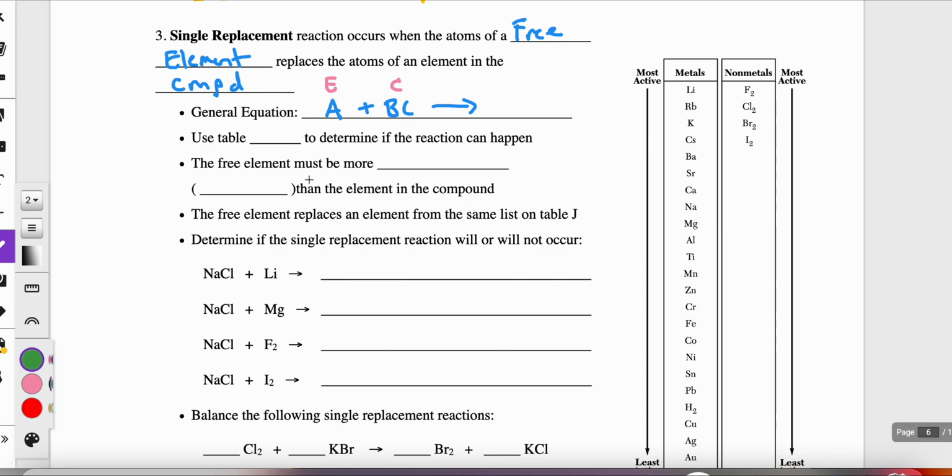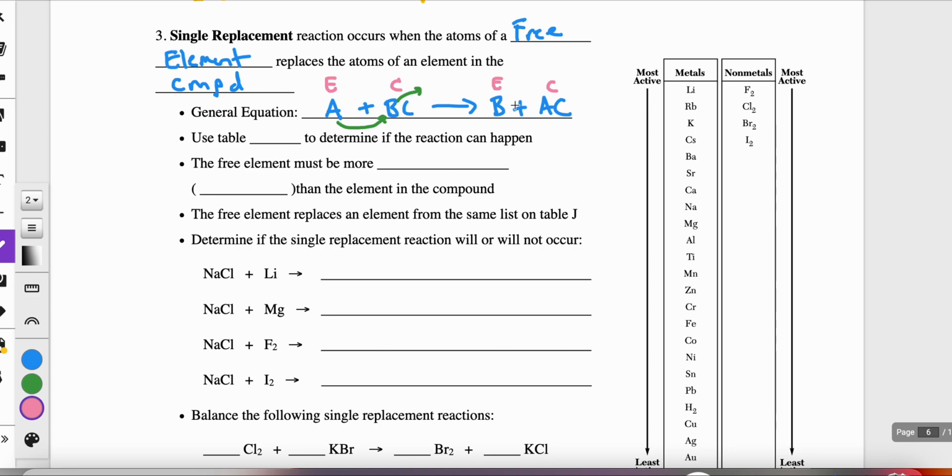A wants to replace or kick out one of the partners in the compound. If it's successful, then our new free element would be B, and the new formed compound would be AC. So we end up with a different free element and a different compound.